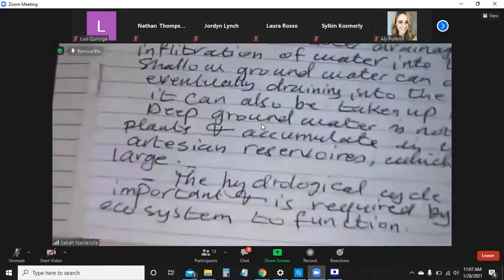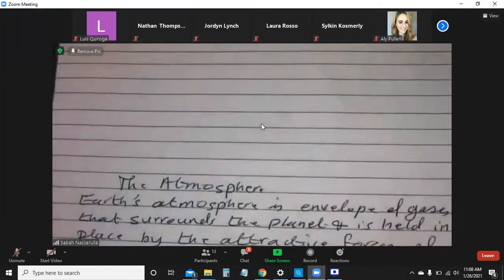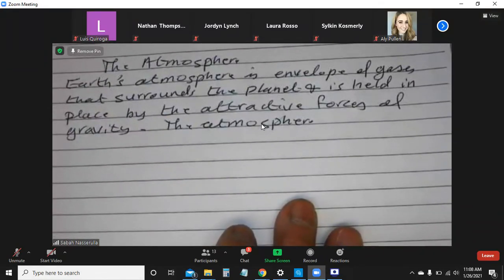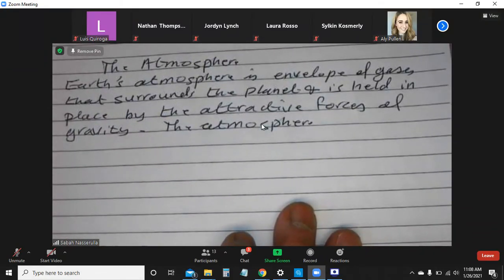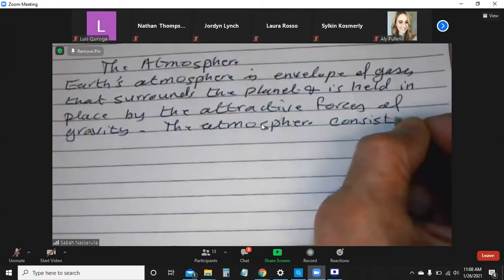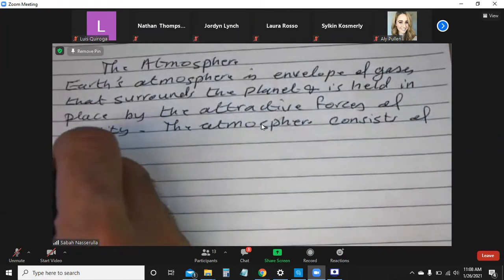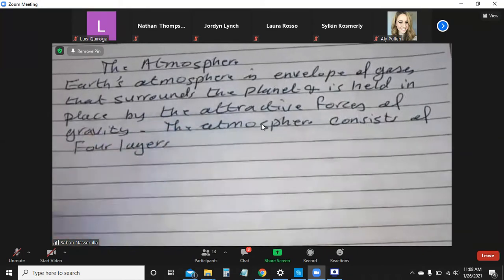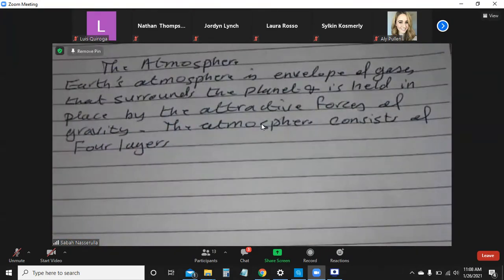These have boundaries, but most of the time these boundaries really vary over time and space.